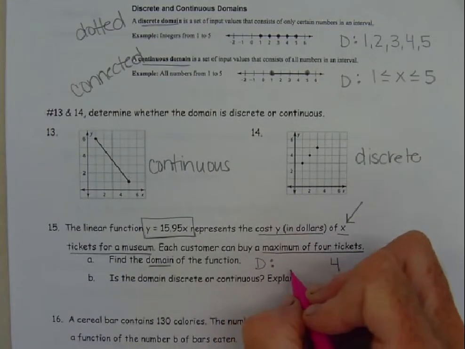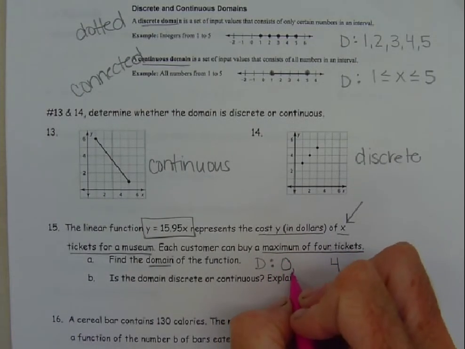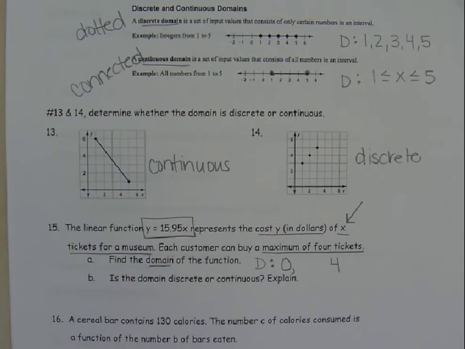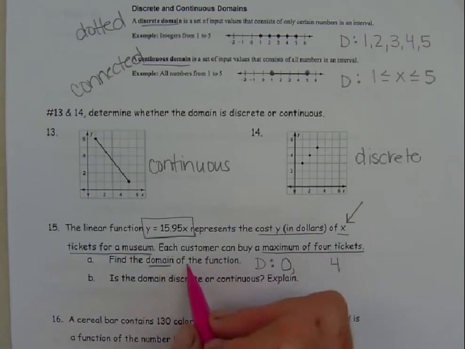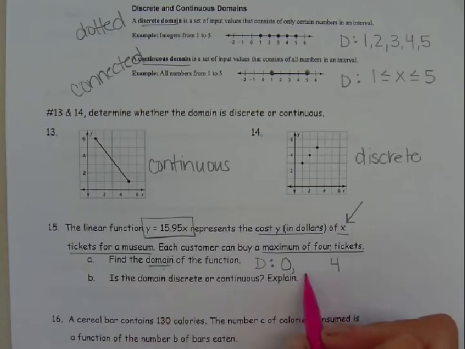I could not go at all and buy no tickets, but then you have to decide how to write this domain, whether it will be discrete or continuous. The way I like to look at it is I try to figure out whether or not I could have a partial ticket. Because I'm talking about tickets for my domain, could I buy 1.8 tickets? Because the answer is no, then I list my points for my domain.